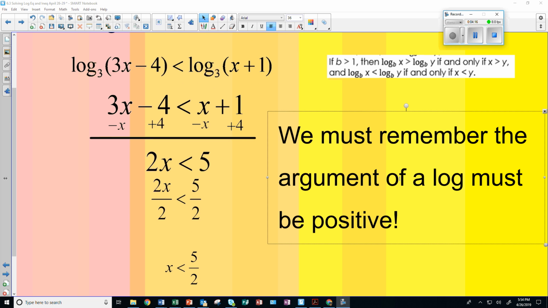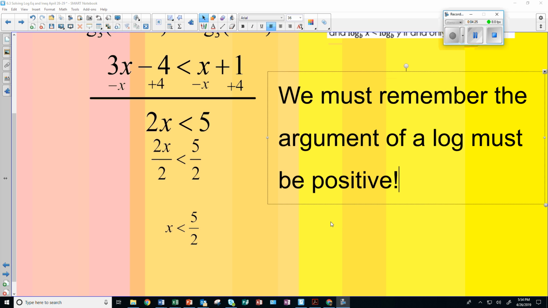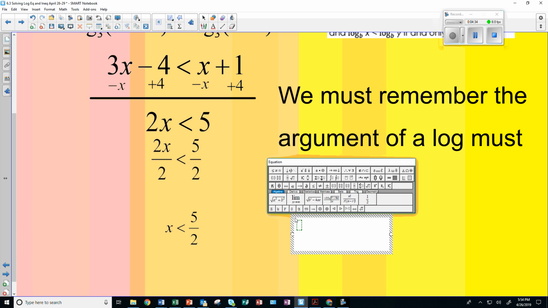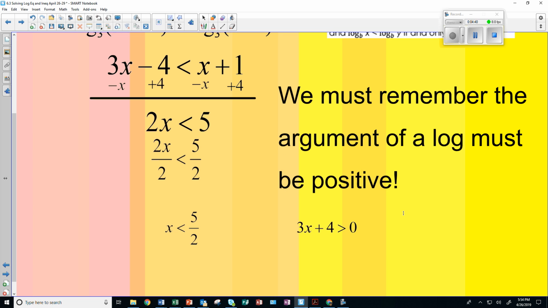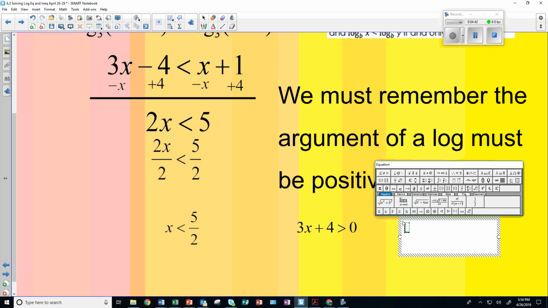Now we must remember that the argument of a log must be positive. So in our case, that means that 3x plus 4 must be positive, or greater than 0. And also, x plus 1 must be positive.